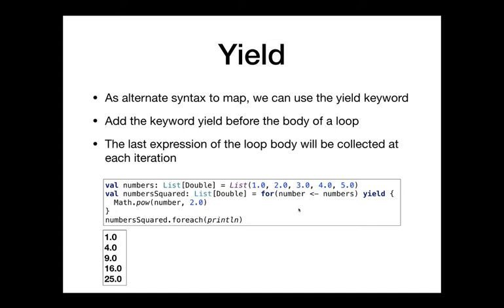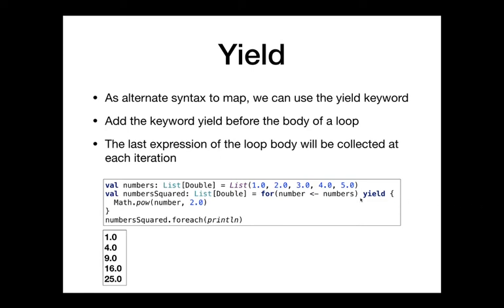So we get all that by putting this yield keyword here. So it's the same thing as map. If we called map and used this as the function that we were giving the map, we're going to get that same behavior out of yield. It's just a different way of setting it up, different syntax.